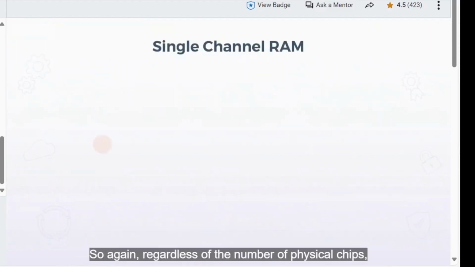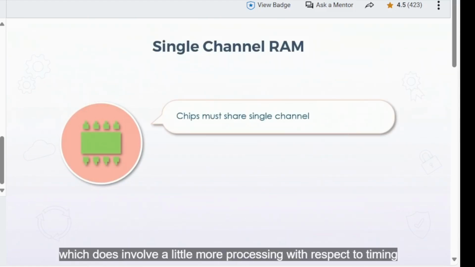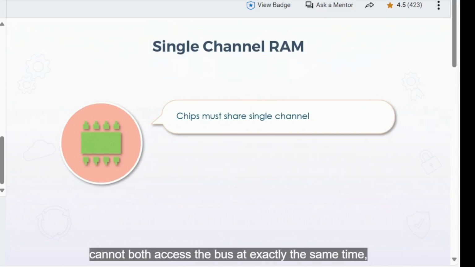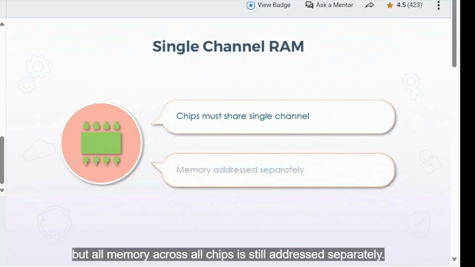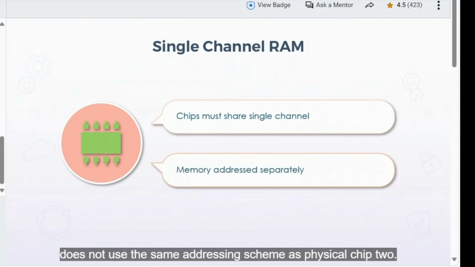So again, regardless of the number of physical chips, all chips must share that single channel, which does involve a little more processing with respect to timing because, again, data from two different addresses on two different chips cannot both access the bus at exactly the same time. But all memory across all chips is still addressed separately. In other words, physical chip 1 does not use the same addressing scheme as physical chip 2.